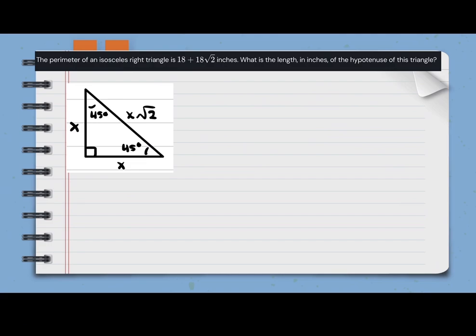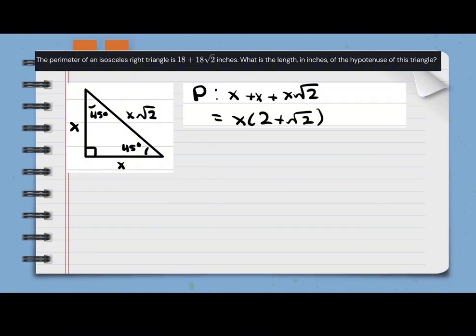If you have an isosceles right triangle, it will automatically be a 45, 45, 90 triangle no matter what. Because we're working with perimeter here, we know that the perimeter is x plus x plus x times root 2, which also simplifies to x times 2 plus root 2.